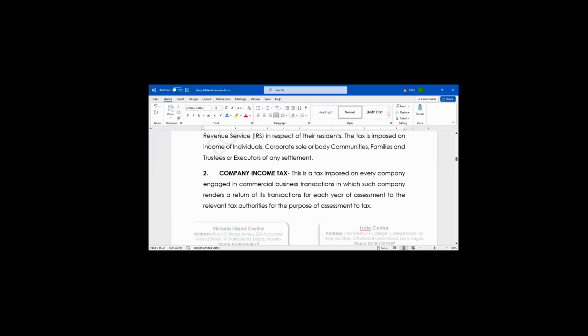It is imposed on profit derived by every company engaged in what? Commercial business transactions. Every limited company, either private limited or public limited, is expected to pay company income tax.